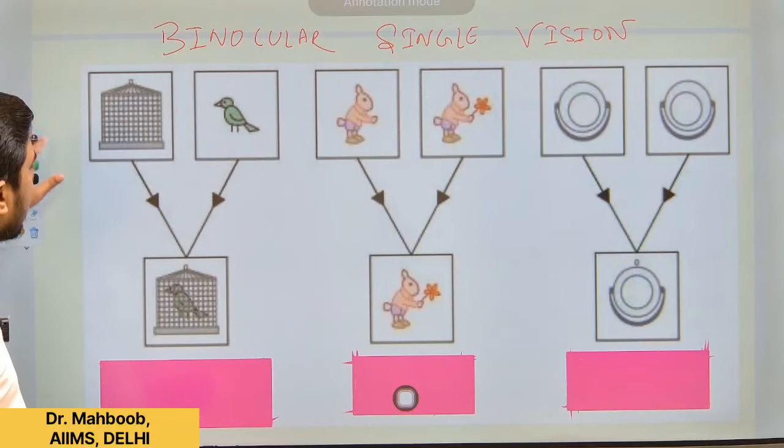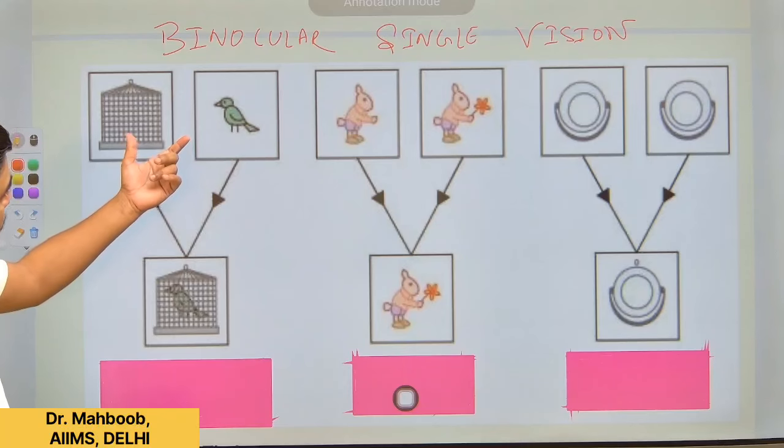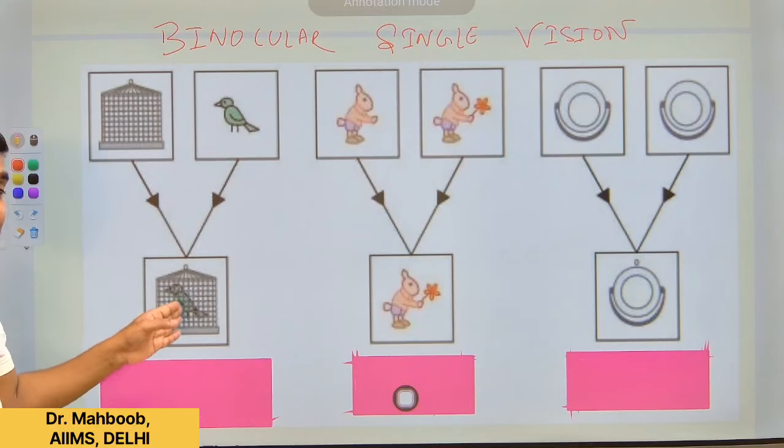Now what is happening here? Here there is a parrot, there is a cage. There are two images, but the person perceives that the parrot is inside the cage.